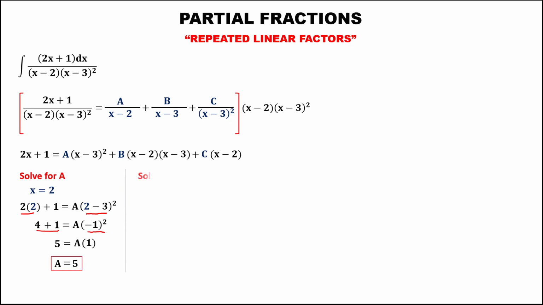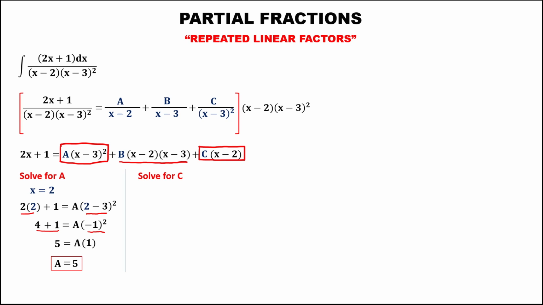Then this time, we need to solve for C, because take note that we cannot solve for B first. Observe that for A and C, there is no common factor, so we cannot make A and C equal to 0.